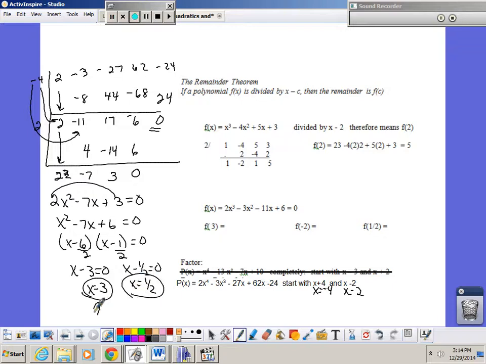I have 1 root, 2 roots, 3 roots, 4 roots, and I found all my roots. Now remember, when I have a polynomial that's higher than a power of 2, I have to get it down to a power of 2. So if I can find some of the roots, I can divide it out, get it down to a quadratic, and then with that quadratic, I can either use the quadratic equation or factor.